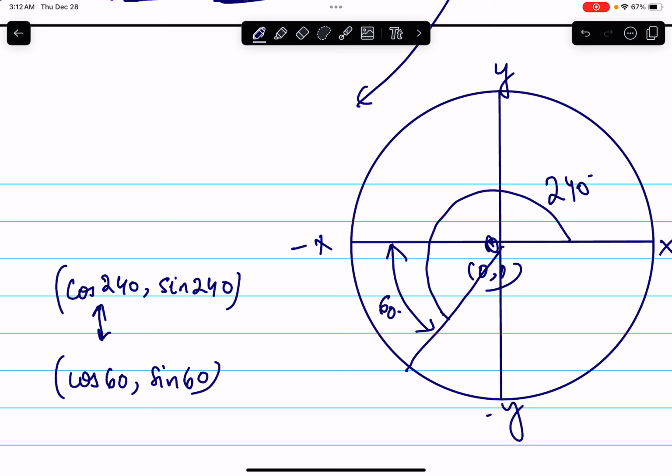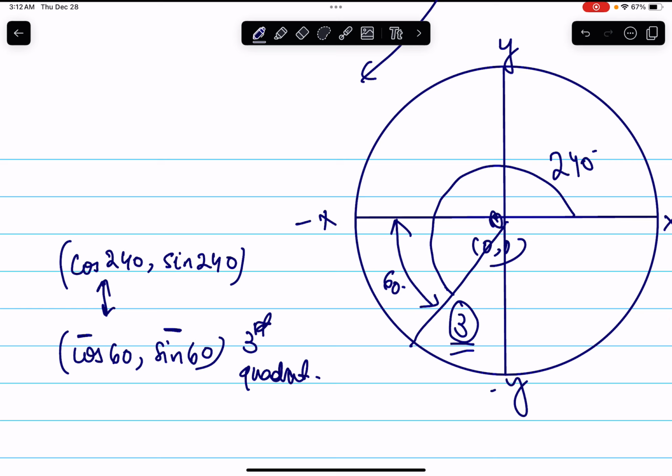Now, in this case, because you're in the third quadrant, cosine of theta and sine of theta should be negative, which is why cosine of 240 must be negative cosine of 60, and sine of 240 must be negative sine of 60 because you're in the third quadrant.